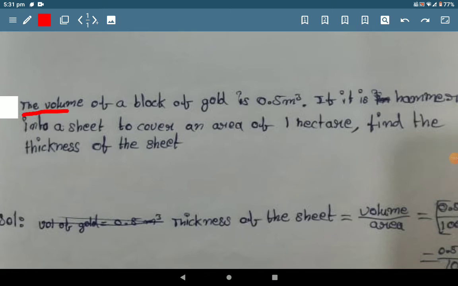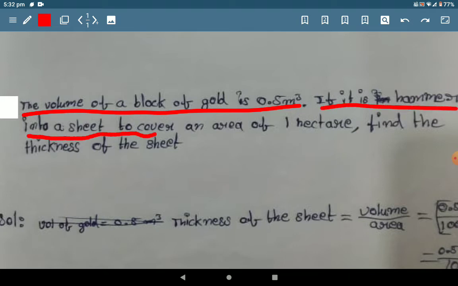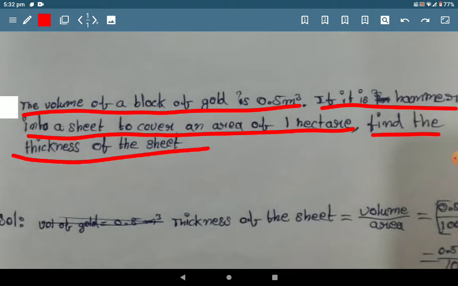The volume of a block of gold is 0.5 meter cube. If it is hammered into a sheet to cover an area of 1 hectare, find the thickness of the sheet.